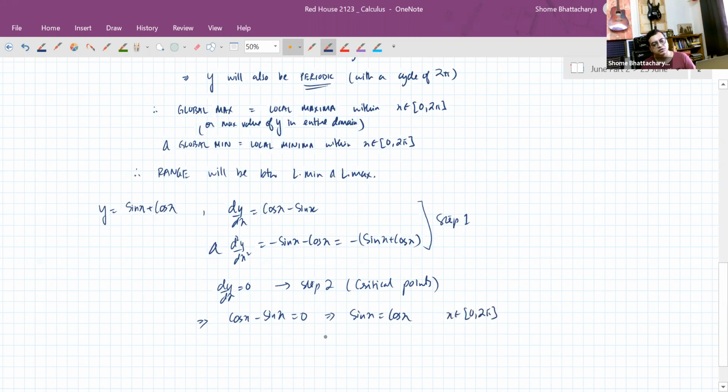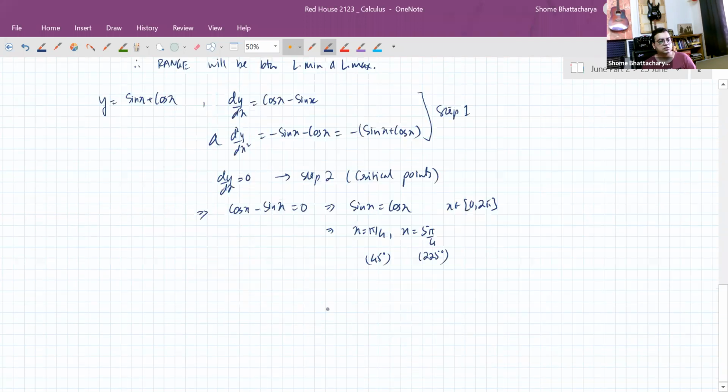If I take this domain, in that we can see that the solutions are in the first and third quadrant. So these are our two critical points. And then we need to do the third step, which is the second derivative test.